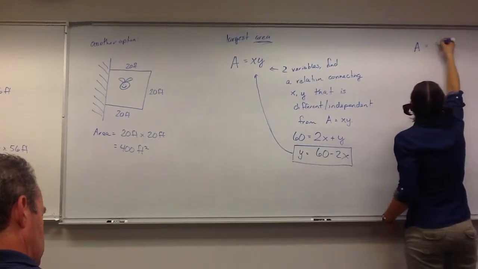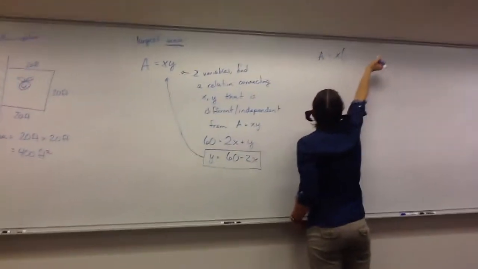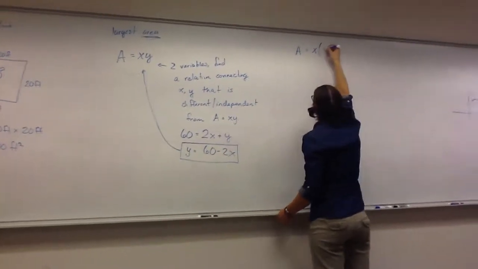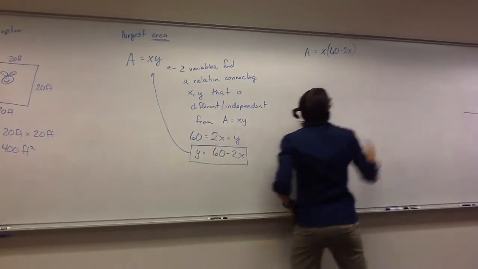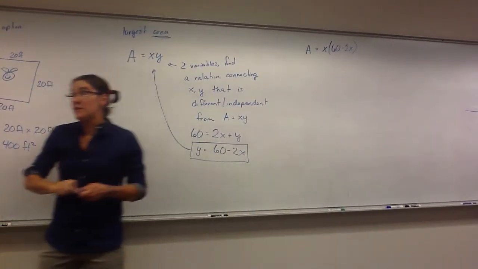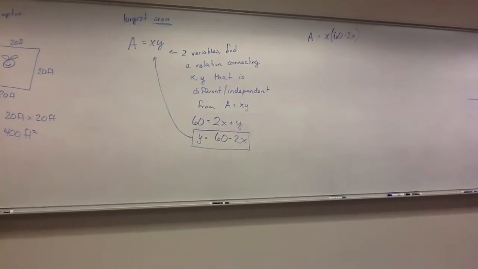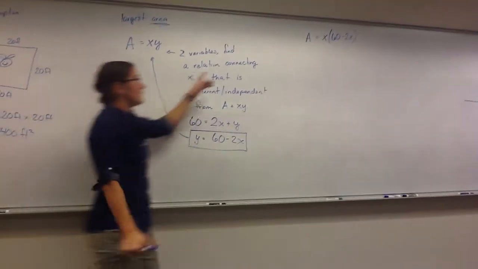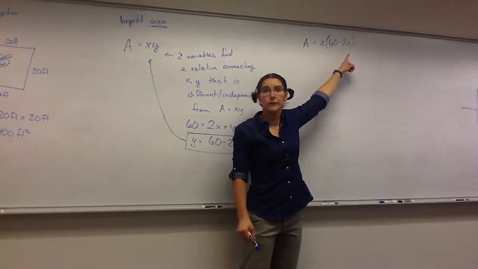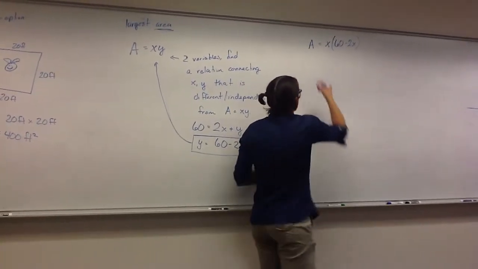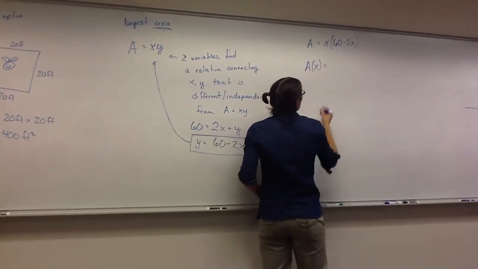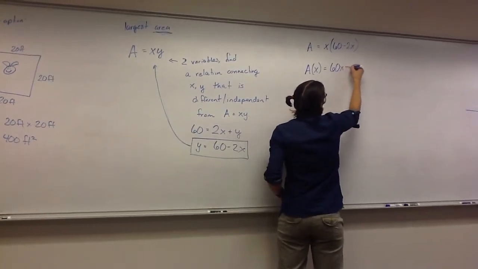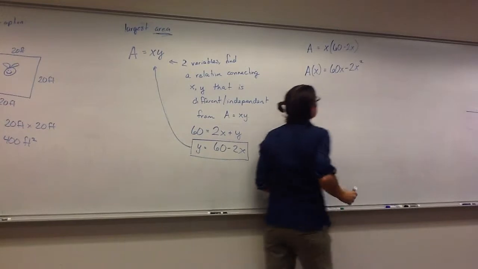And what that gives me is area is equal to x times y. Well, y is 60 minus 2x. And what I have here now is a formula for area where area depends only on x. And so I can really think of area as a function of x. So area A of x is equal to 60x minus 2x squared if I distribute that x.